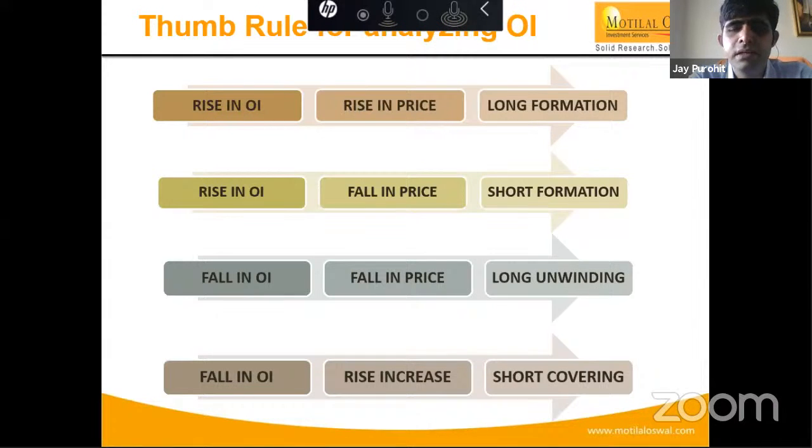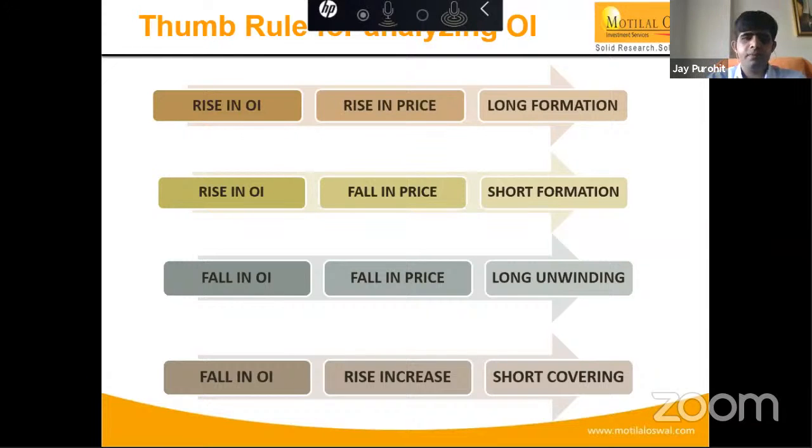It means that the long traders or the buyers are more aggressive in the market, and because of that the open interest is increasing along with the rise in prices. When the open interest increases and the price falls, it indicates that short sellers are more aggressive than the buyers, and because of that we are witnessing a fall in price, but the open interest is increasing.